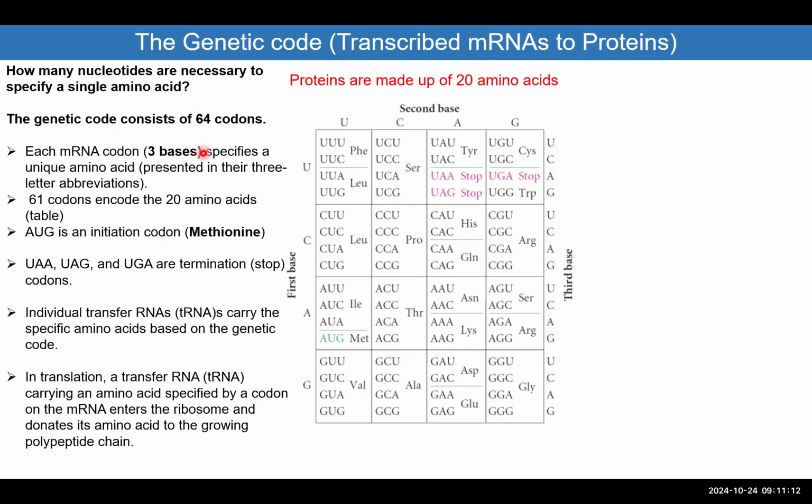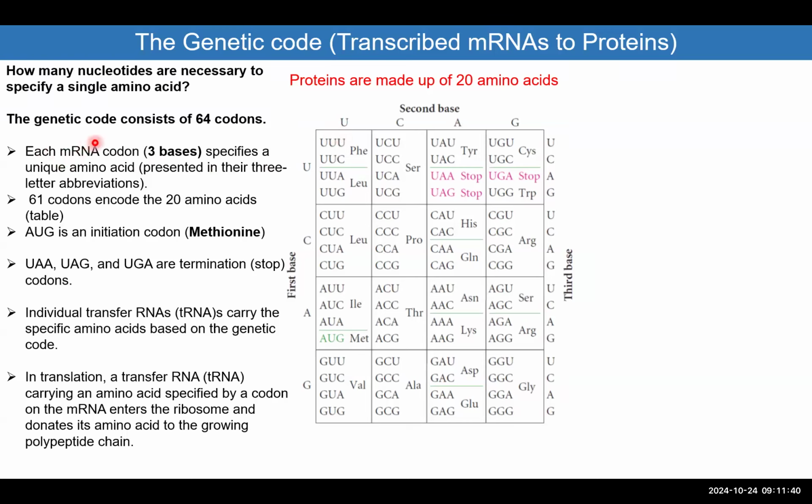Therefore, if you take the four by four and then add the third position, which is another four, that's where the 64 genetic codons come from. That's where the number comes from, because it is four to the power of three.